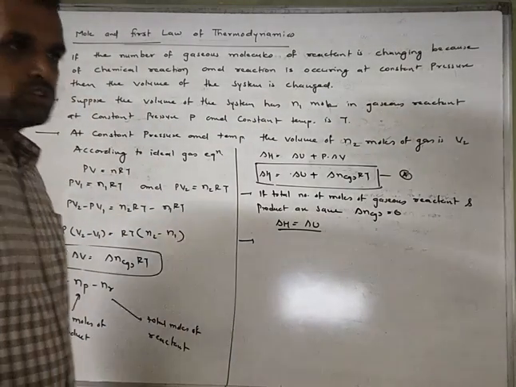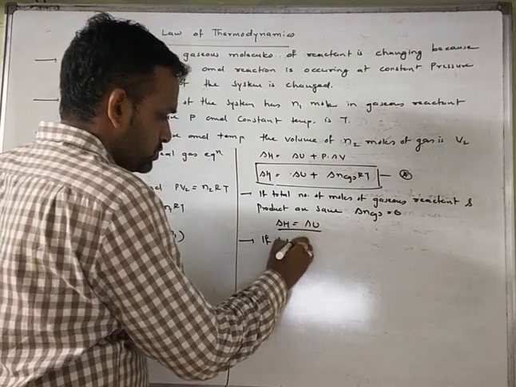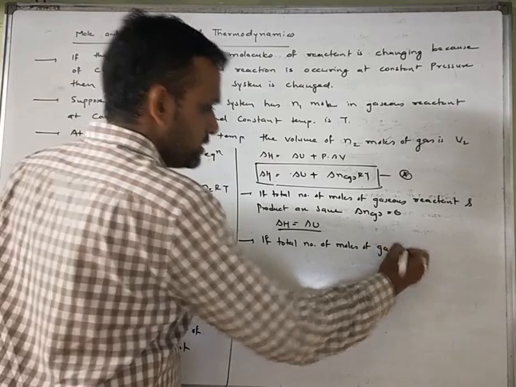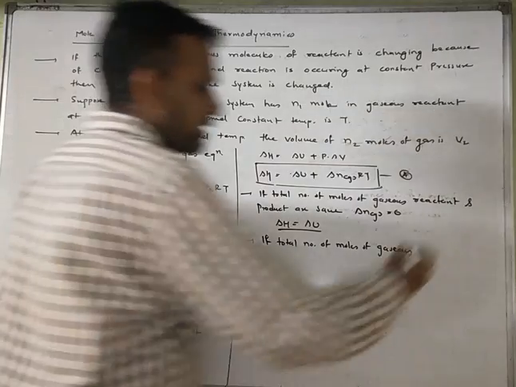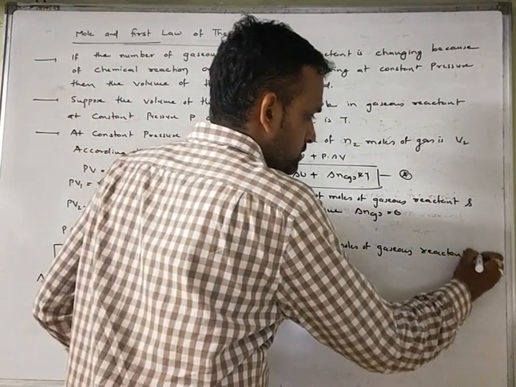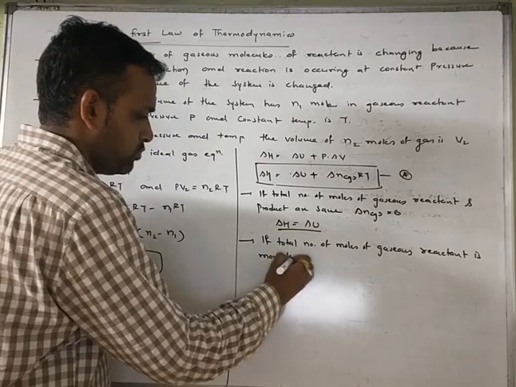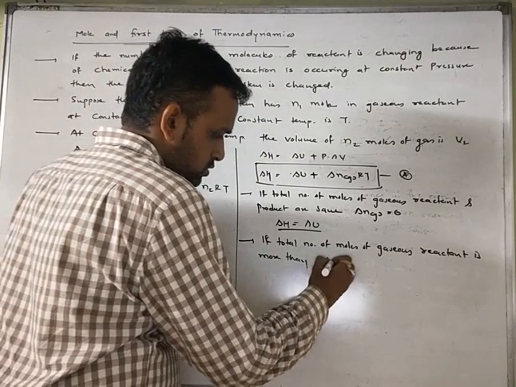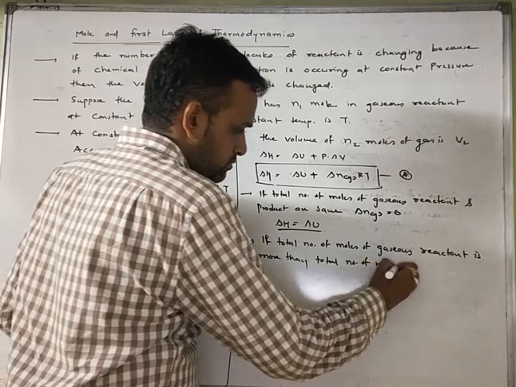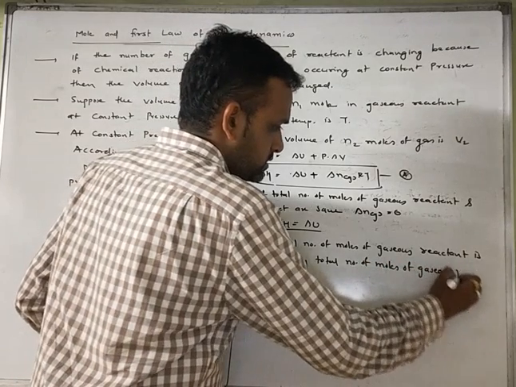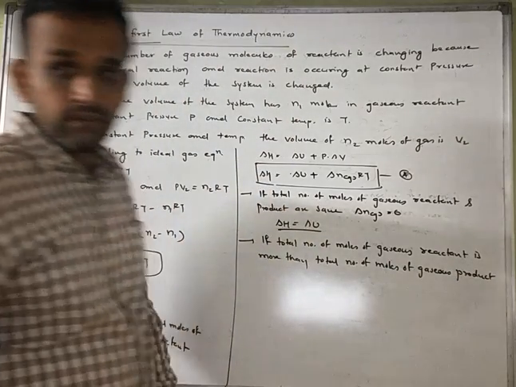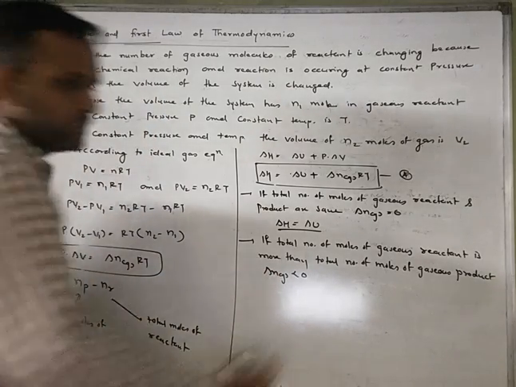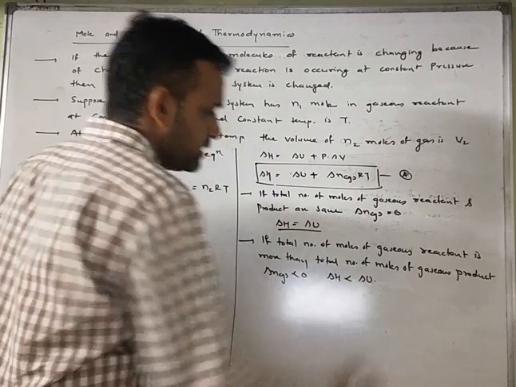Second, if the total number of moles of gaseous reactant is more than the total number of moles of gaseous product, then delta Ng is less than 0, and thus delta H is also less than delta U.